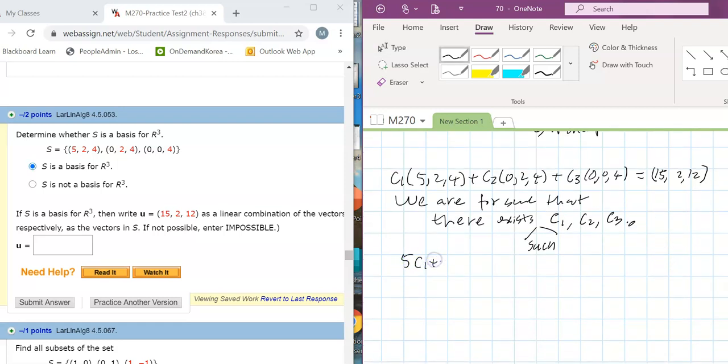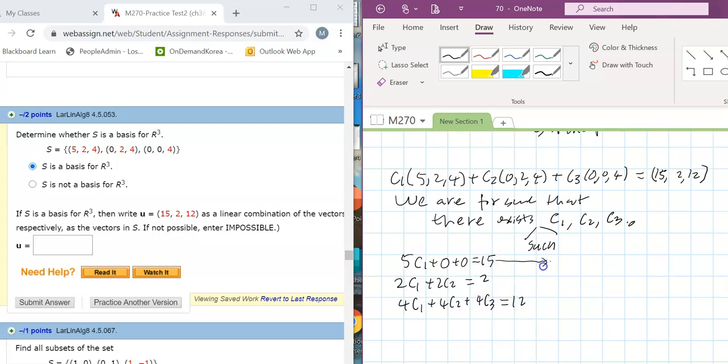So let's find out. 5C1 plus 0 plus 0 is 15 right away. C1 is 3. 2C1 plus 2C2 is 2. And then 4C1 plus 4C2 plus 4C3 equals 12.